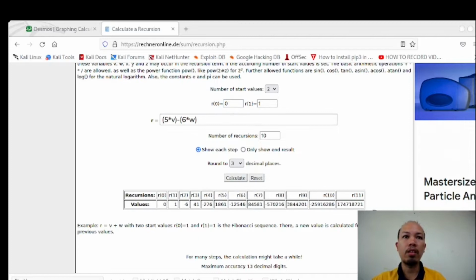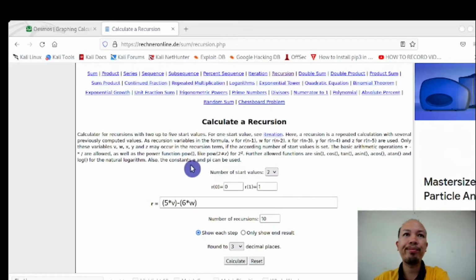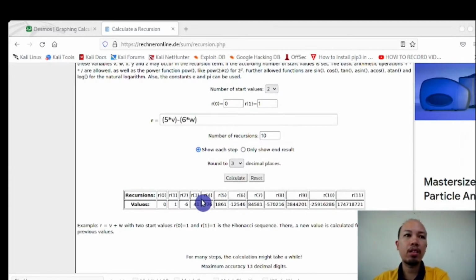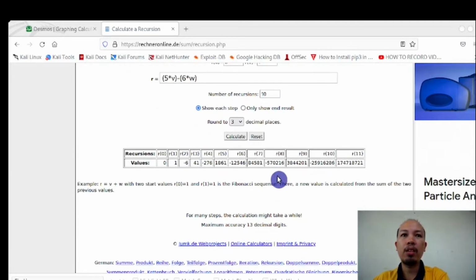Calculate. Oh, the number of start values is 2. I think there's a mistake with this calculator.